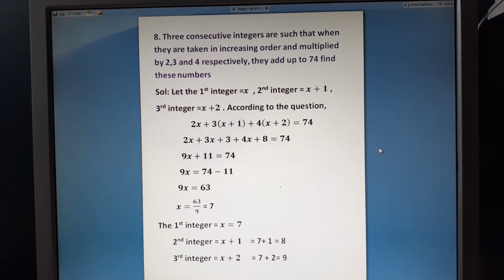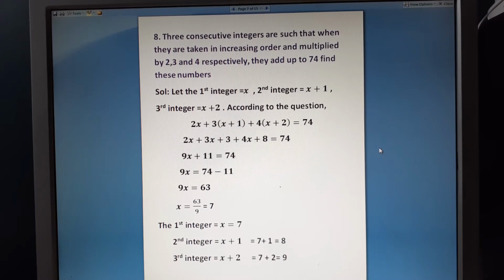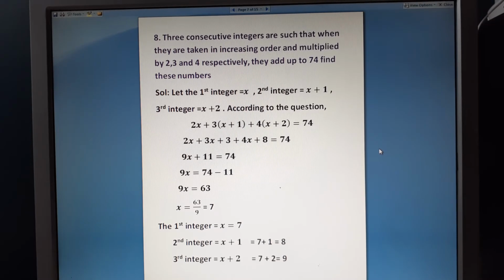For that, we write 2x plus 3 into x plus 1 plus 4 into x plus 2. That is equal to 74 because they add up to 74. 2x plus 3 into x is 3x, plus 3 into 1 is 3, plus 4 into x is 4x, plus 4 2s are 8. That is equal to 74.